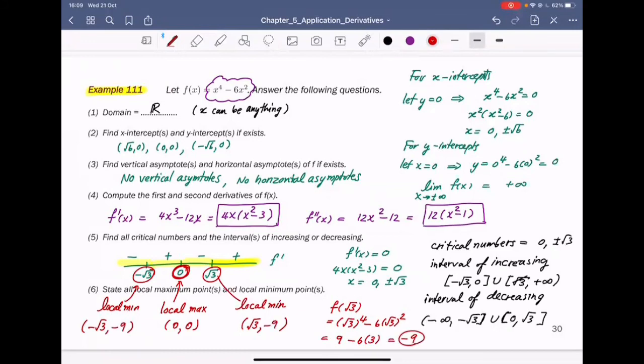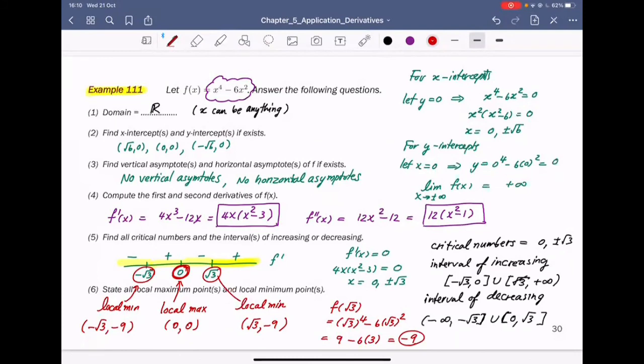So now you have that the local max is at (0, 0), and the local min is at plus or minus square root 3, negative 9.